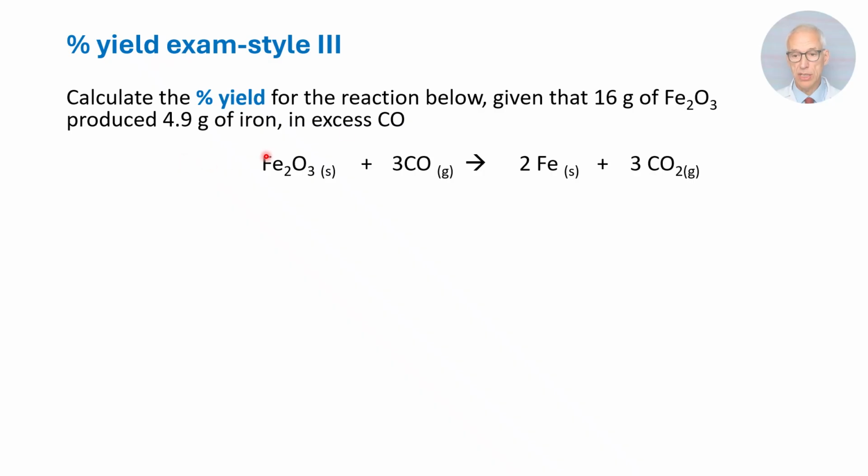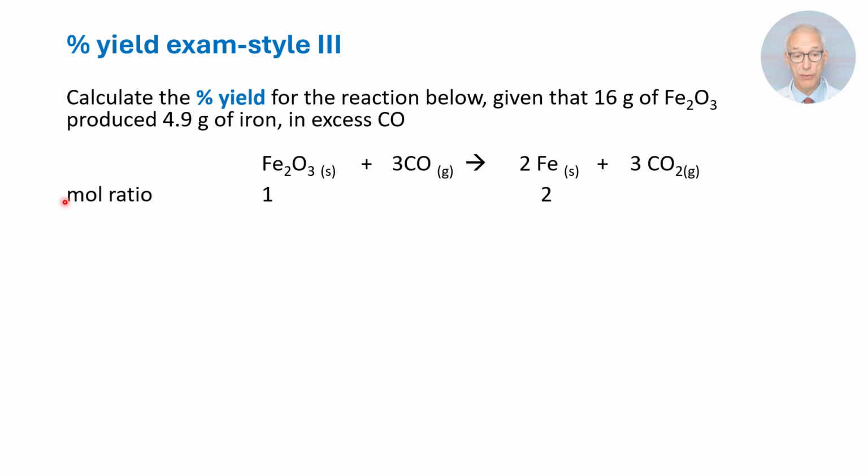Here's the balanced equation. Given that 16 grams of iron oxide produced 4.9 grams of iron in excess carbon monoxide. That means all of the 16 grams of iron oxide reacted. Can you solve the problem? What's the percentage yield? Stop the lesson, carry out the calculation, come back to check when you are ready.